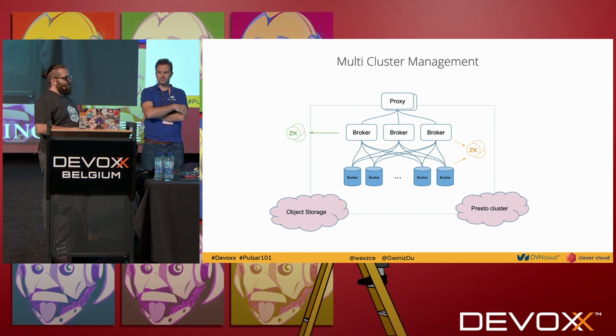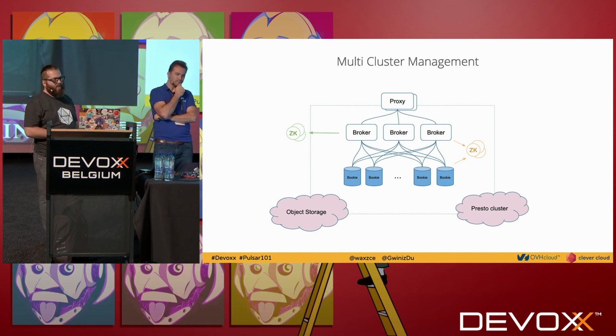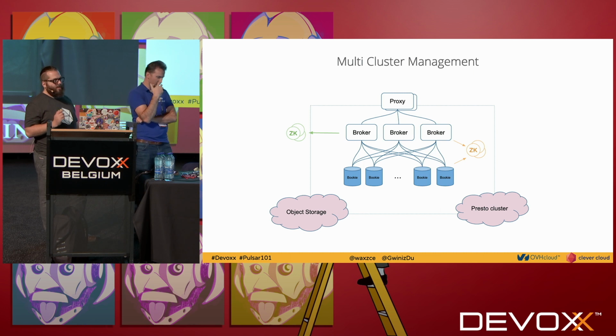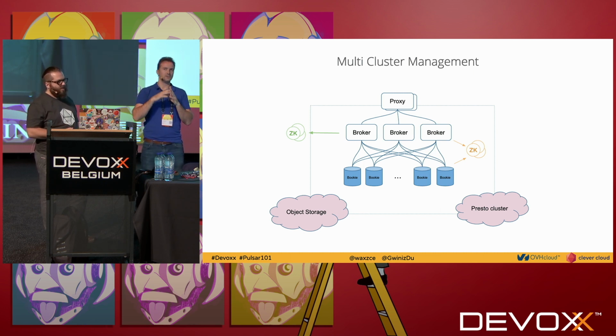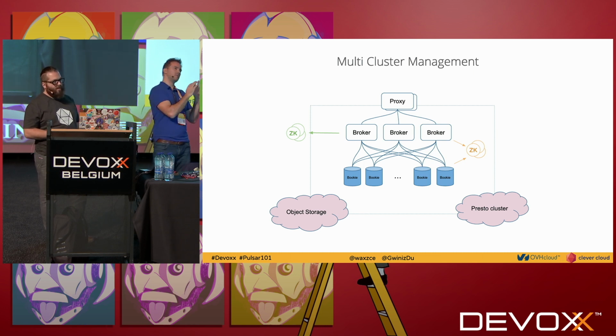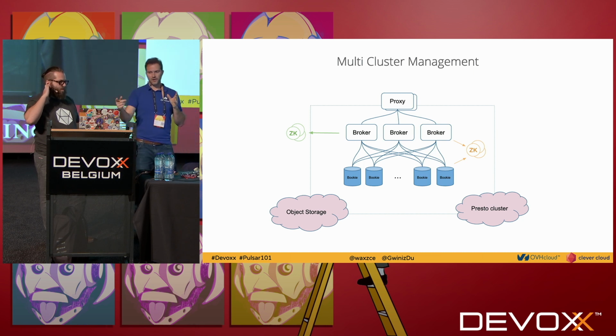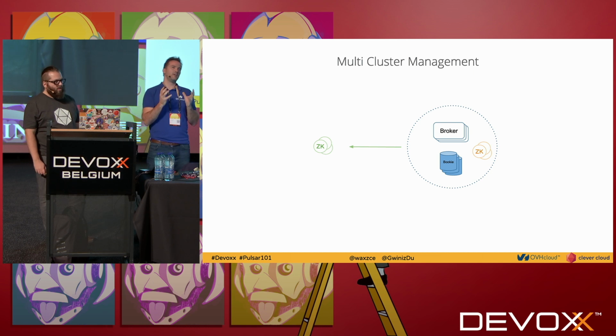So, the multi-cluster management. Quentin, in the early stages of the show, said that there is an internal Zookeeper cluster, but there is also a configuration store, today implemented with an external Zookeeper cluster. If we simplify the view of a cluster, what do we have?